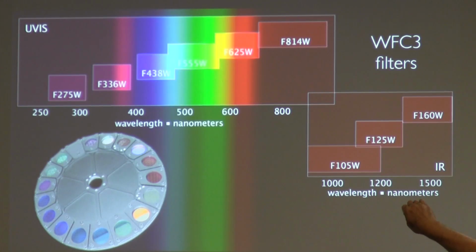So this represents the filters inside the Wide Field Camera 3. There's actually a physical wheel inside the camera. On the edge of it, there are these holes, and in those holes, they have colored glass filters that are selecting which part of that hyper rainbow we're going to look at, we're going to record.